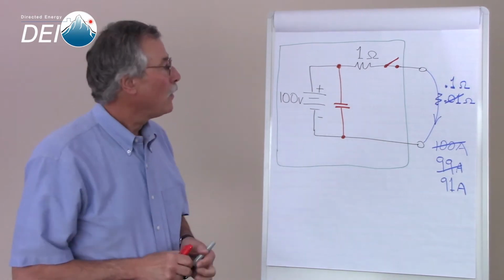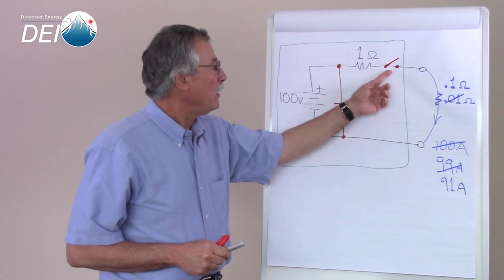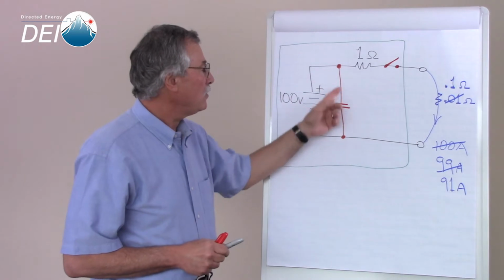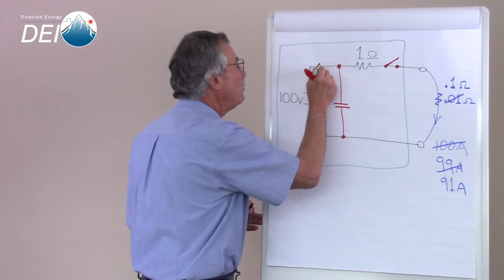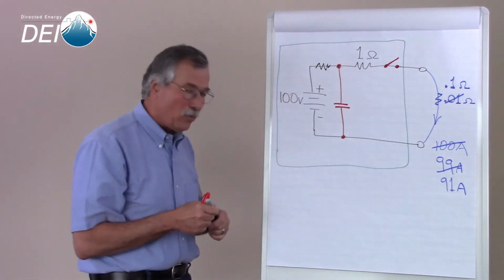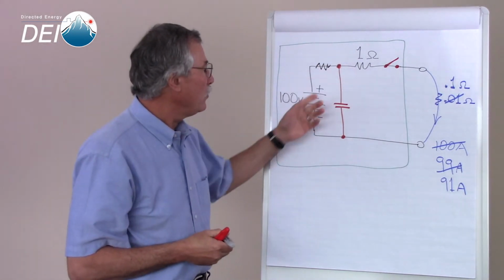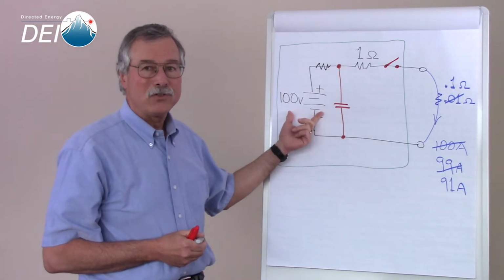How does it work? Well, when the switch is open, we are simply going to charge up this capacitor. We can assume that the power supply is a much weaker power supply than before, and we show that by putting a resistor in series with our perfect voltage source.